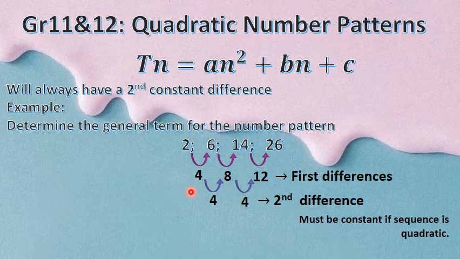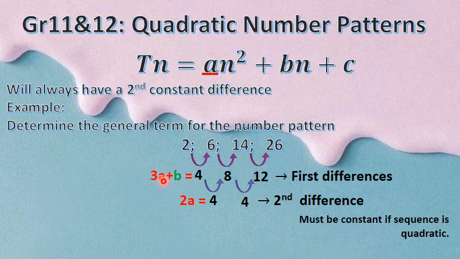Now how are we going to find values for a, b, and c? Well, we remember 3 little formulae. Please memorize these. 2a is always equal to your second difference. Then once you solve for a, you can replace this a in the general formula with that value.